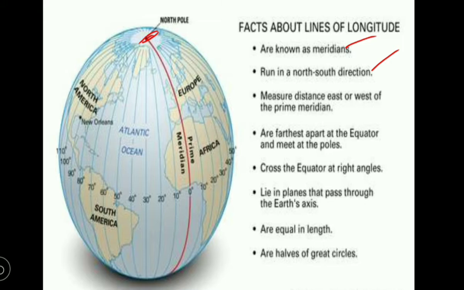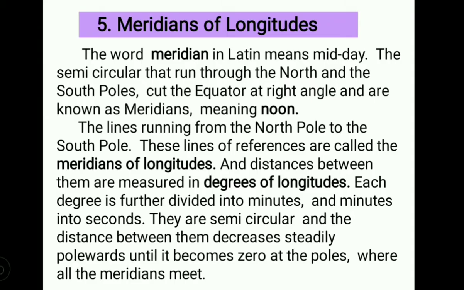So all the semicircular lines with their respective opposite lines, if joined, create great circles, and we can call all of them great circles. This is about the longitudes.